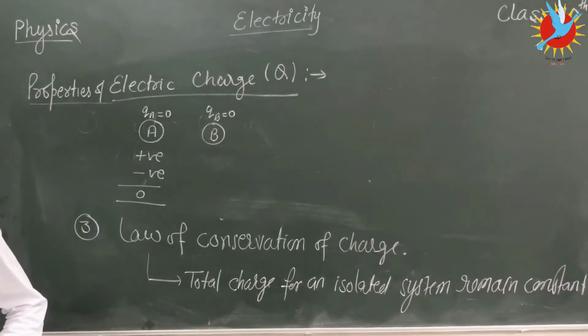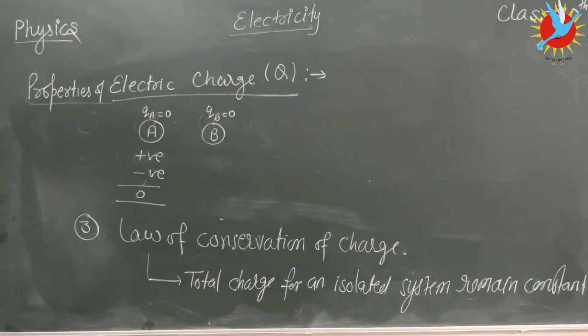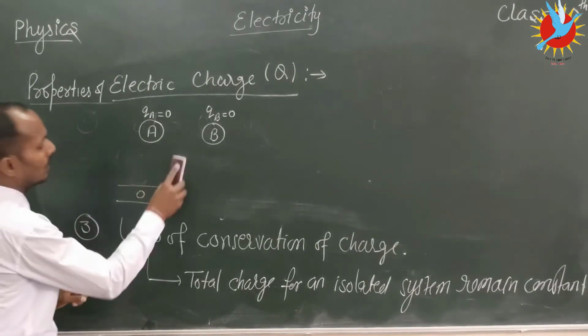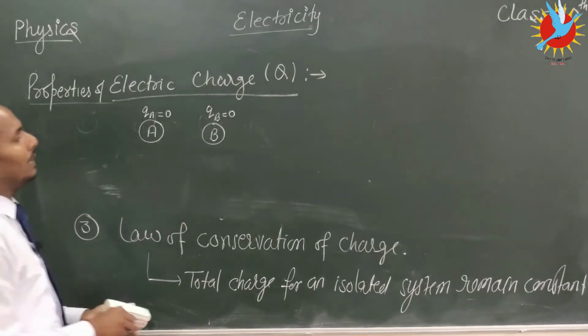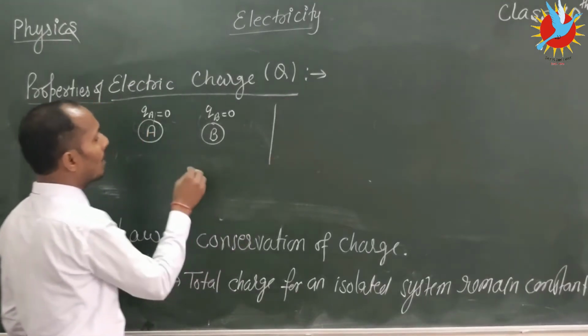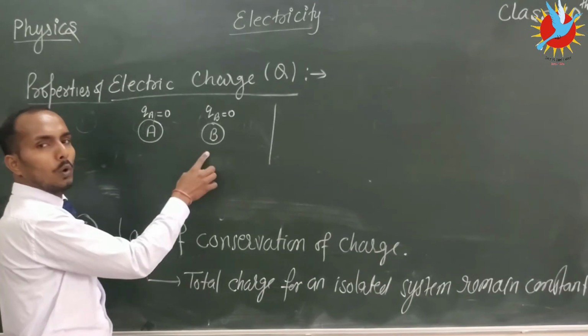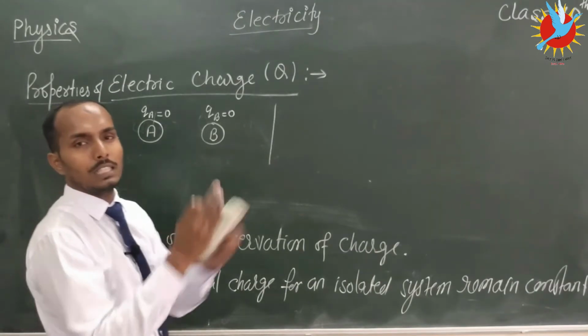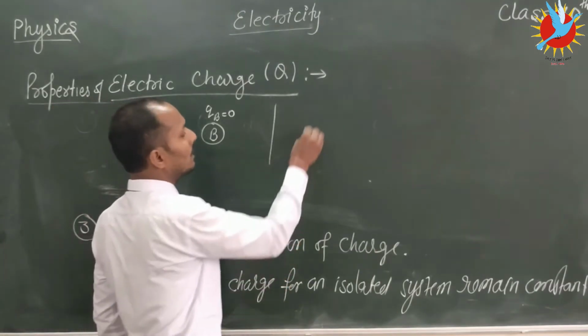So initially the net charge on A and B is 0, but we rub these two objects. Then what will happen?